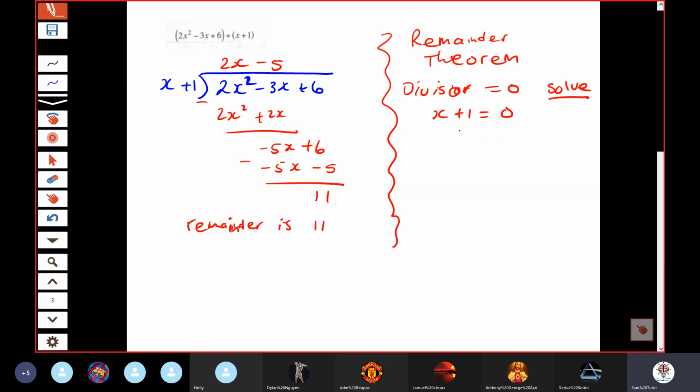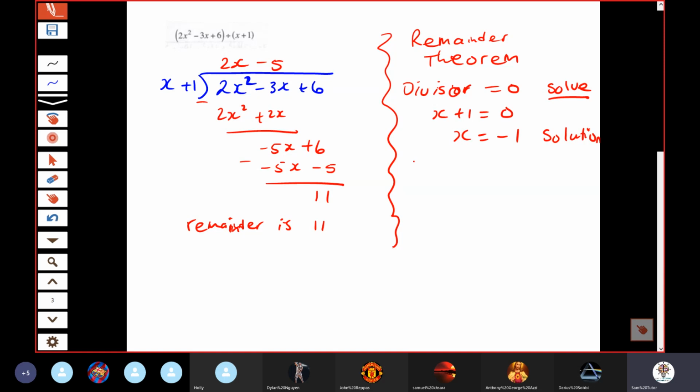If I just make that equal to 0, I get an answer of -1, right? That's a solution now. So when you've solved, that becomes a solution. You got to get used to the words I might sometimes use now. So we've solved our divisor and we found the solution.